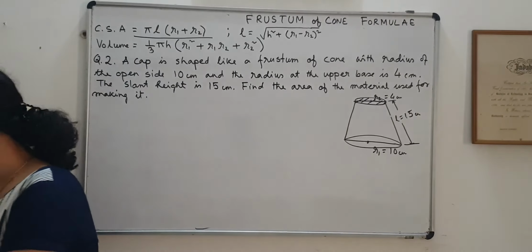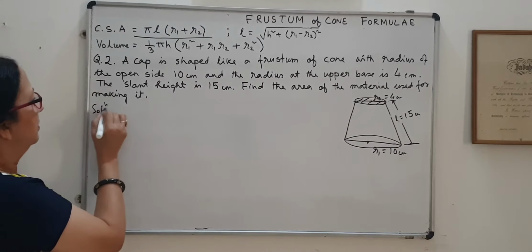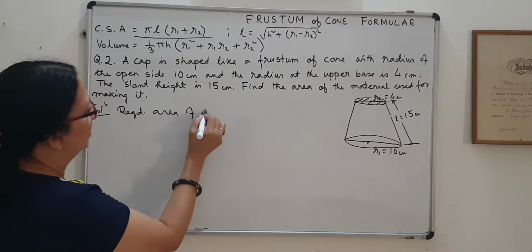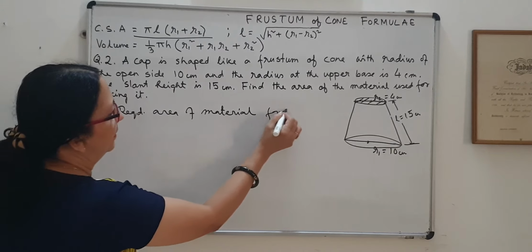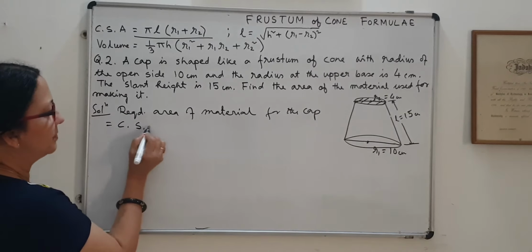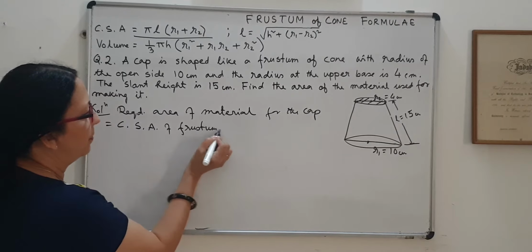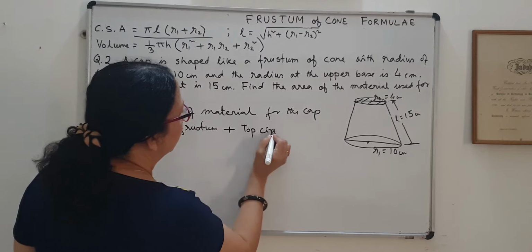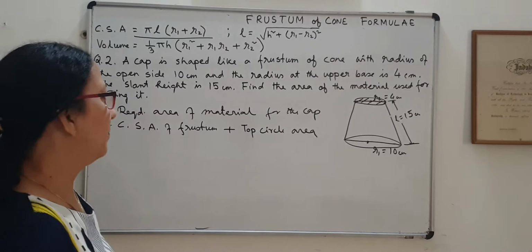So we write the solution: required area of material for making the cap is equal to CSA, curved surface area of frustum, plus top circle area. So this we have to visualize.